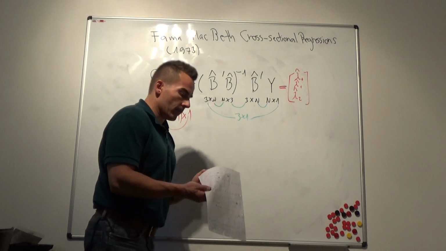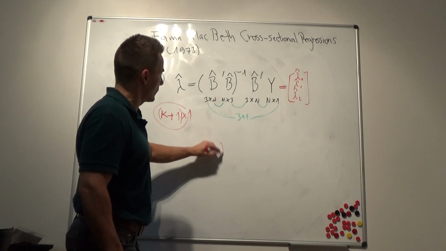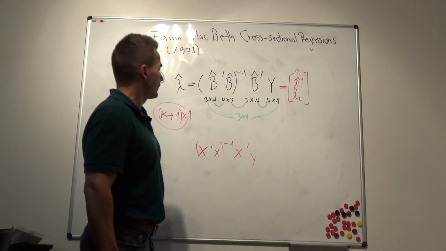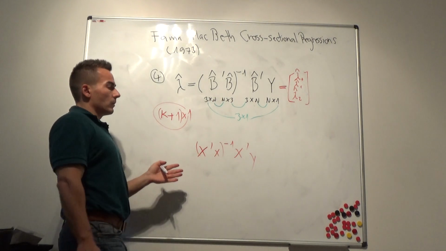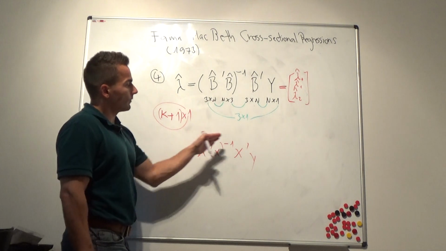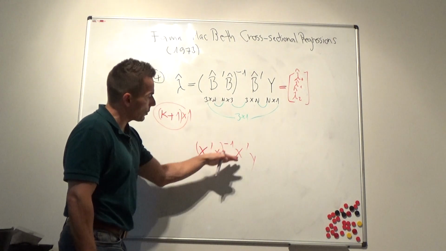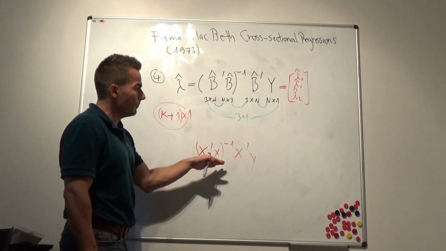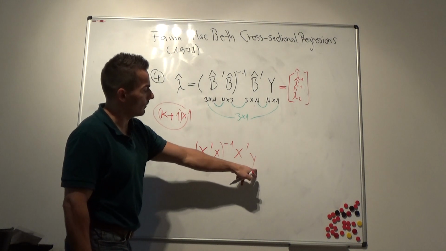In a time series framework, x transposed x, inverted, x transposed y, we get our beta vector. This basically answers the question: how does the variation in our regressor set impact what is on the left-hand side of the equation, so the returns.